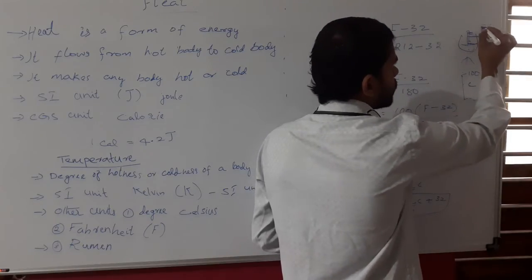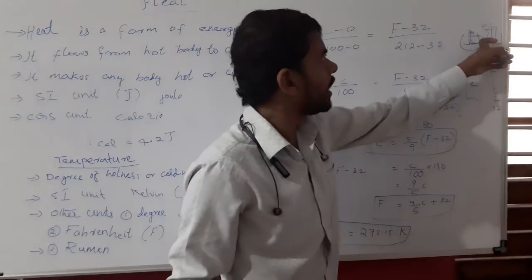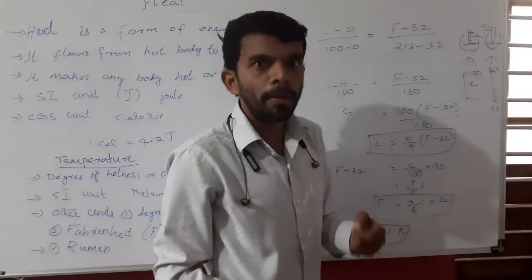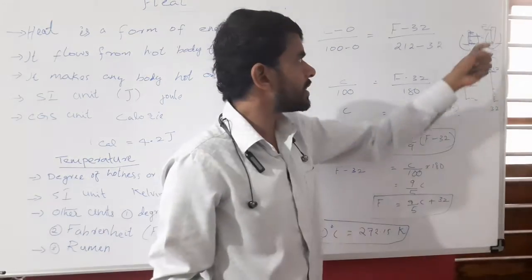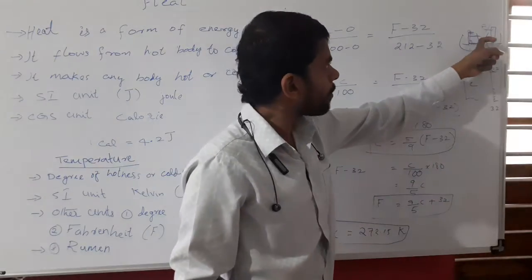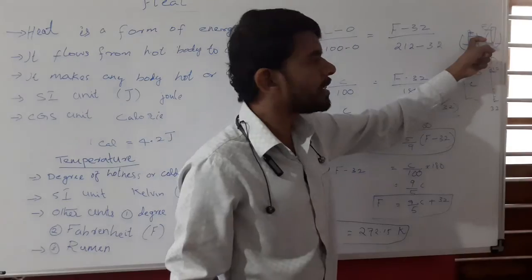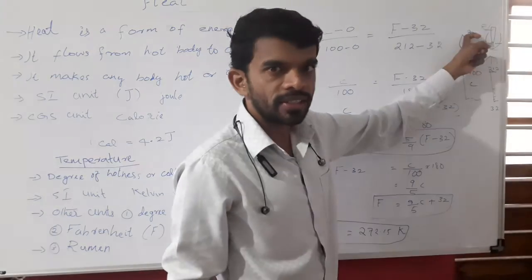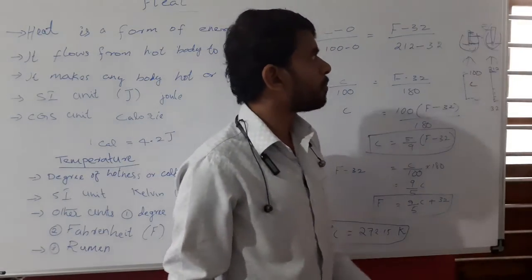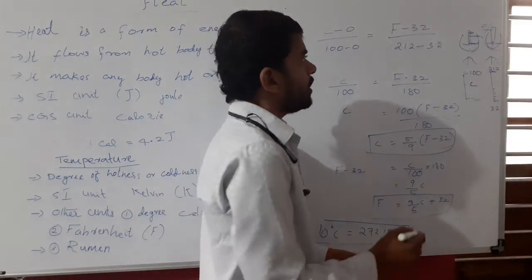Here I am giving as F, here I am giving as C. So the C and F having the same amount is actually the same temperature. So now I am comparing the C with the F. C represents degree Celsius, whereas F represents degree Fahrenheit.